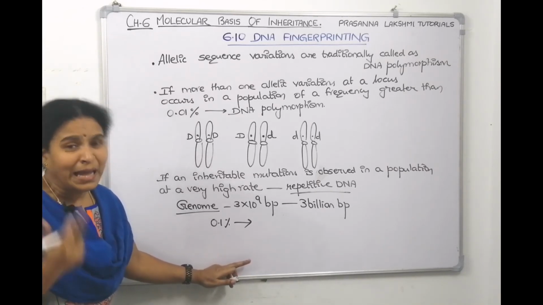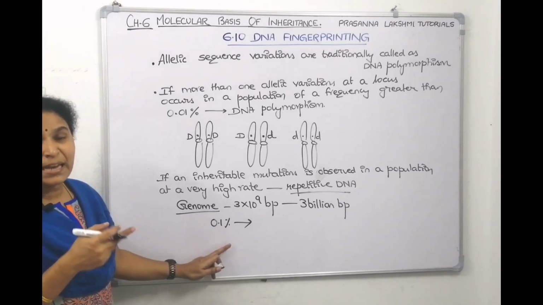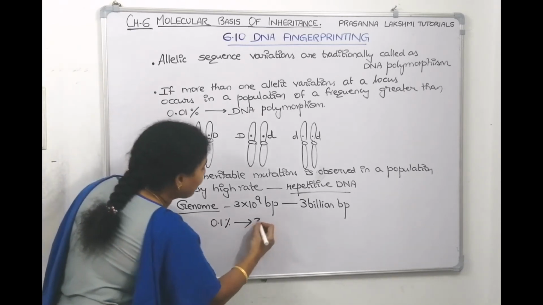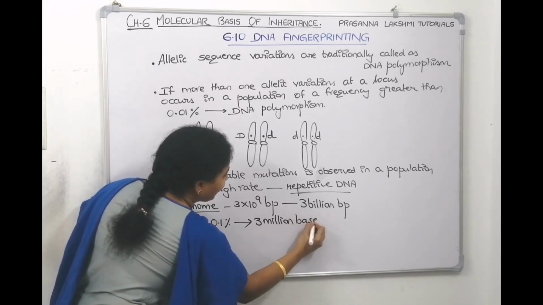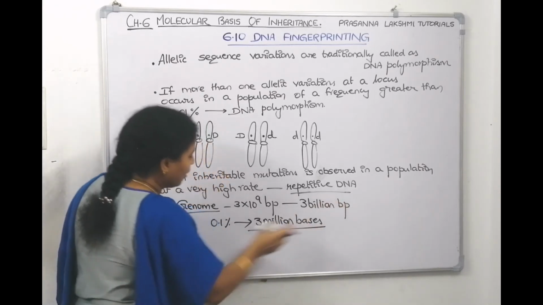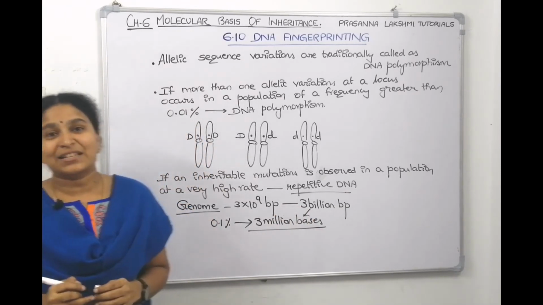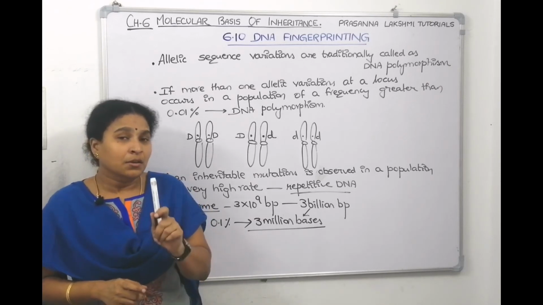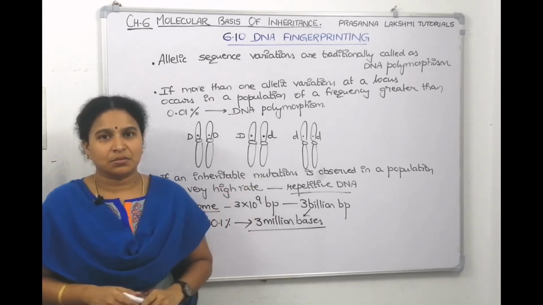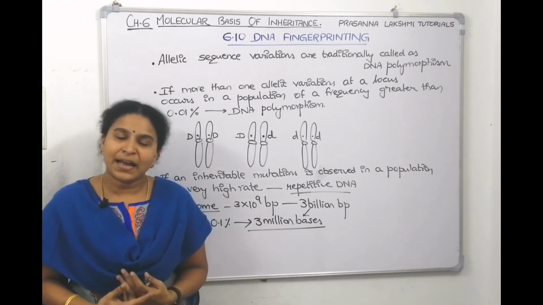If you calculate 0.1% of 3 billion, it comes to 3 million bases. That means I am different from another person by 3 million bases. See how hugely different I am. That's why I am unique.